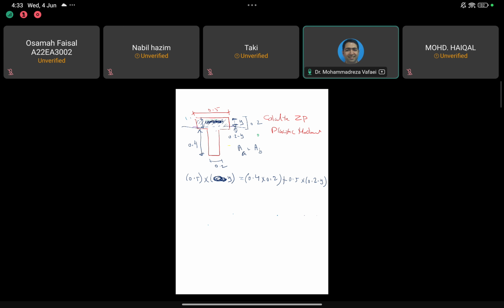Okay? So here we have 0.5y, and then let's calculate the other side. We have 0.4 multiplied by 0.2. It gives us 0.08. And then we have 0.1, and then we have negative 0.5y. So if you move this one to the other side, you have 1y equals basically 0.18.